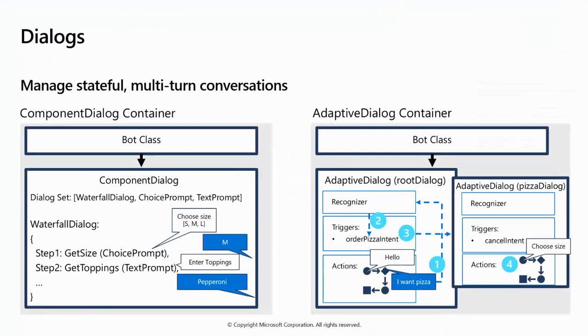In the component dialog, well, a dialog that can hold all the dialogues which are defined in its dialog set. It's called a component dialog. Most of the time, the first dialog in a component dialog is something called a waterfall dialog, which sets up a series of steps that the conversation follows.